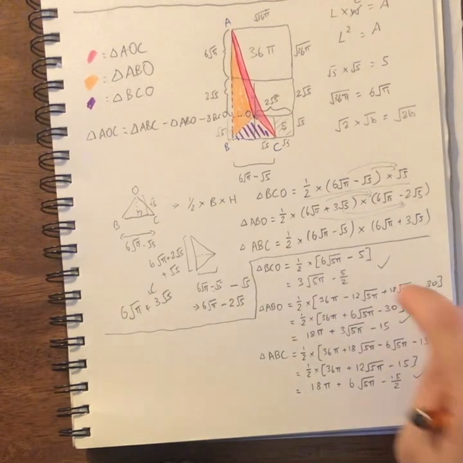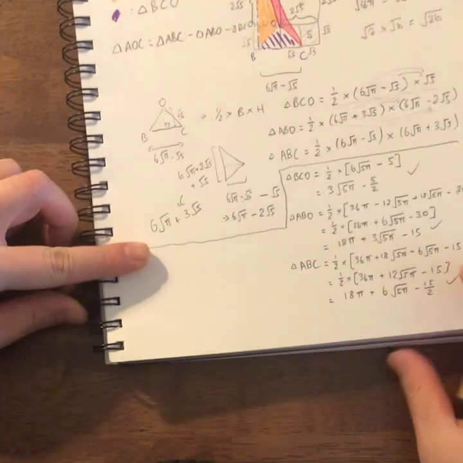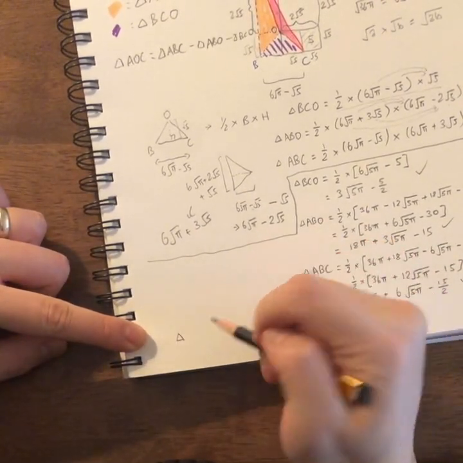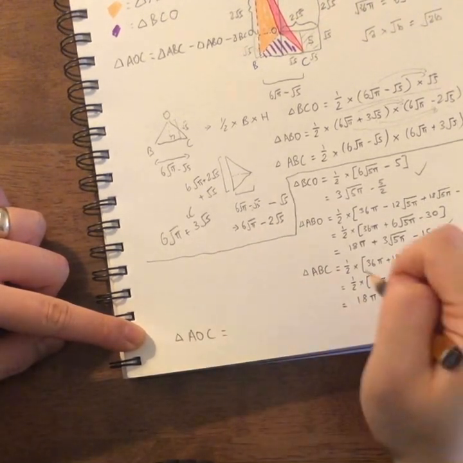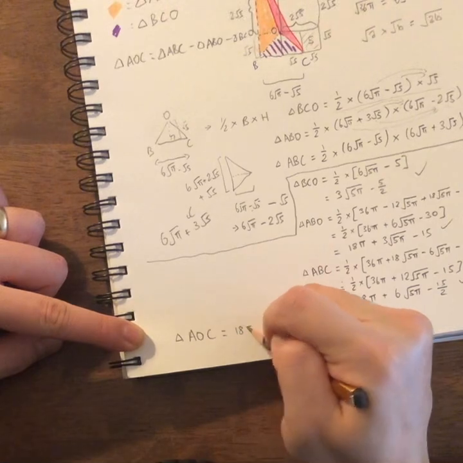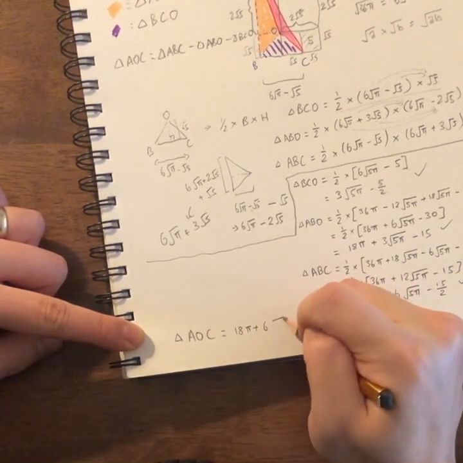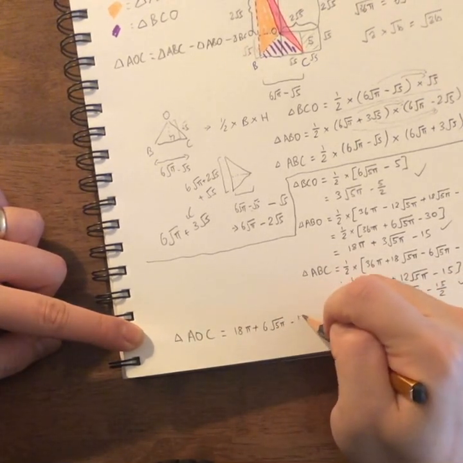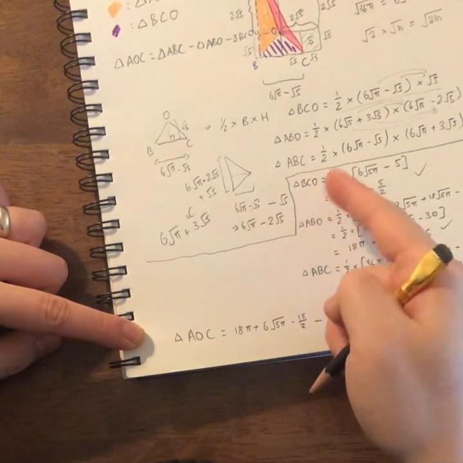So we just need to take these two away from this guy. So let's see what happens. All right, so I would have triangle AOC, which is what we're after here, is simply this guy, which is 18 pi plus 6 root 5 pi, take 15 on 2, less these two guys.